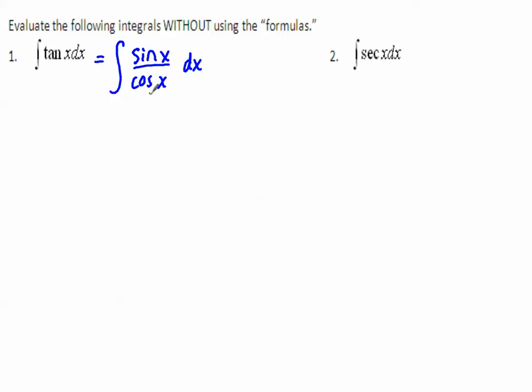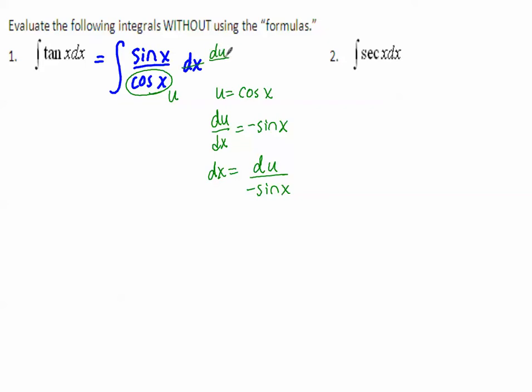Well, we identified that the denominator should be our u because we're looking for u prime over u, and we wrote that u is that denominator. So what is the derivative du dx? In this case it is negative sine of x. Solve for dx, so dx is du over negative sine of x, and we substituted it in there. So let's rewrite.